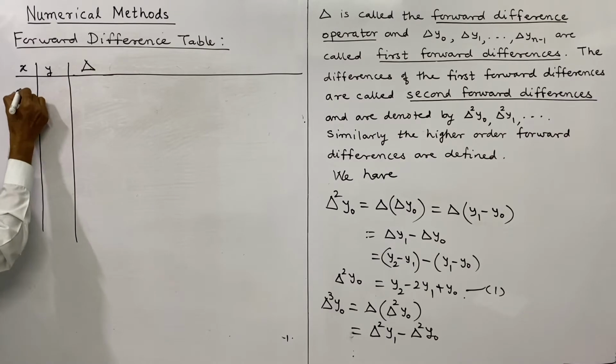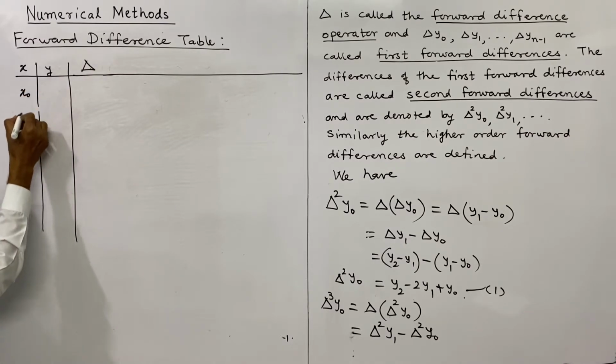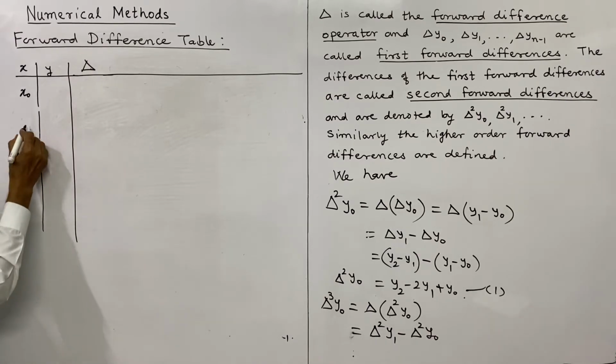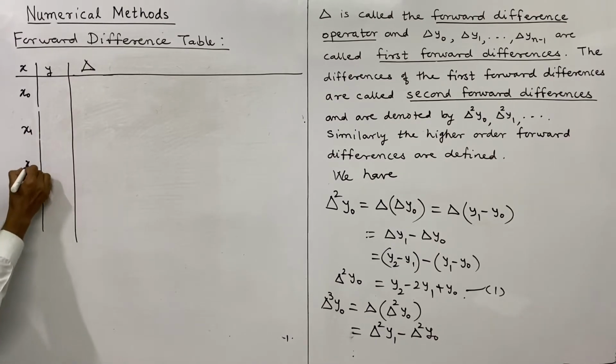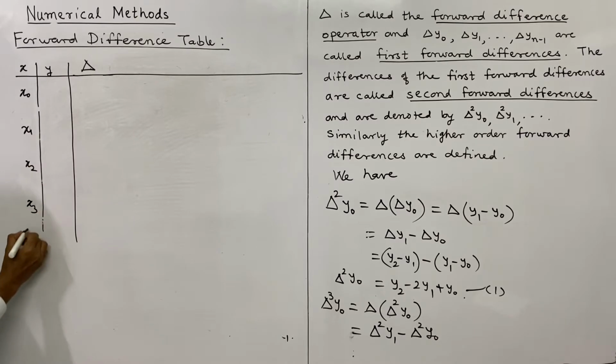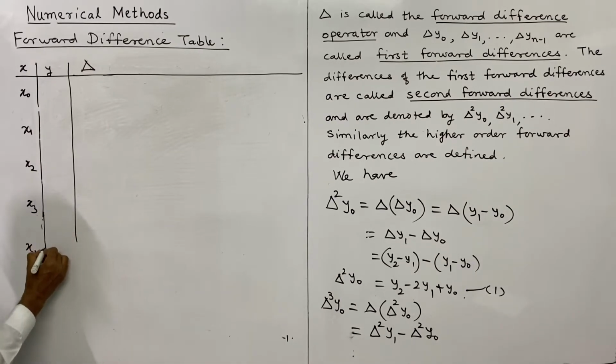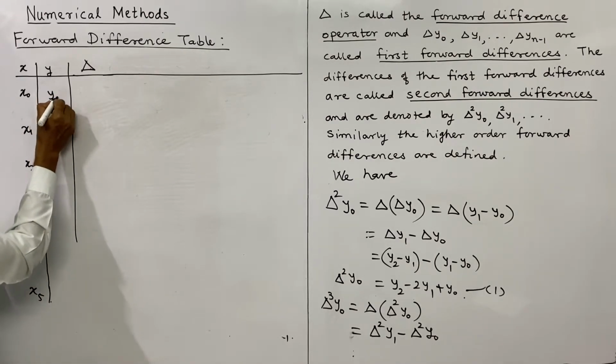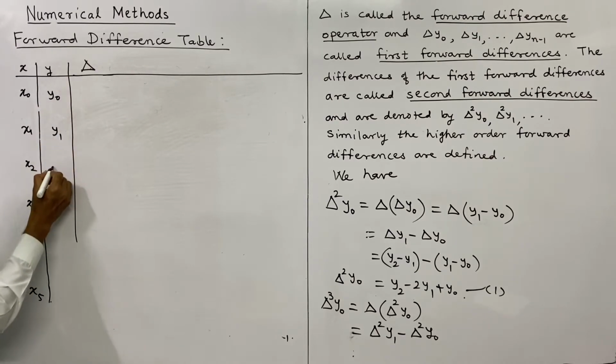The starting value of x we consider as x0, then x1, x2, x3, x4, x5, and the corresponding values will be y0, y1, etc.